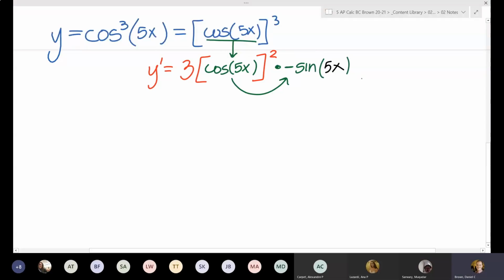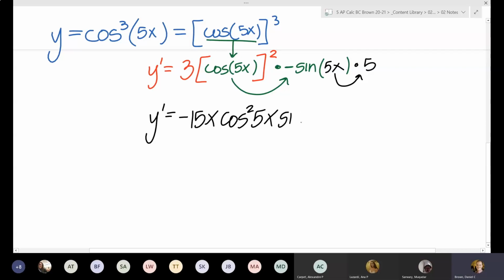What's the derivative of 5x? The derivative of 5x is 5. If I were to clean this one up, again, because it's all just being multiplied, I have negative 15 times the cosine squared of 5x times the sine of 5x.